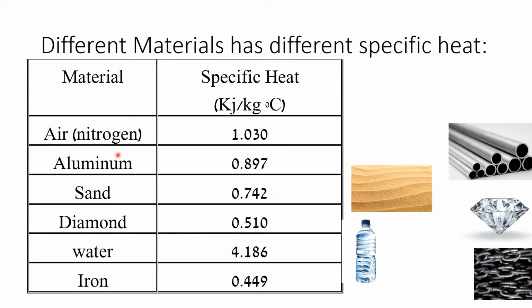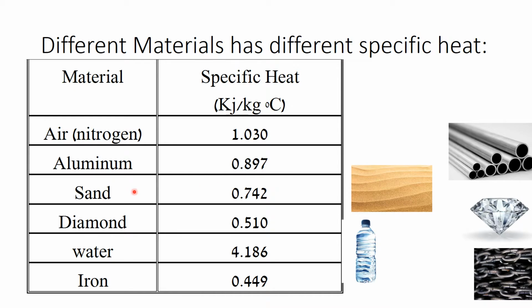Now let's look at the table. We can see that aluminium, for example, has a specific heat capacity smaller than 1, and the meaning is that 0.89 is the amount of energy that we need to heat 1 kilogram of aluminium by 1 degree Celsius. We will need a bit less than 1 kilojoule in order to do it.